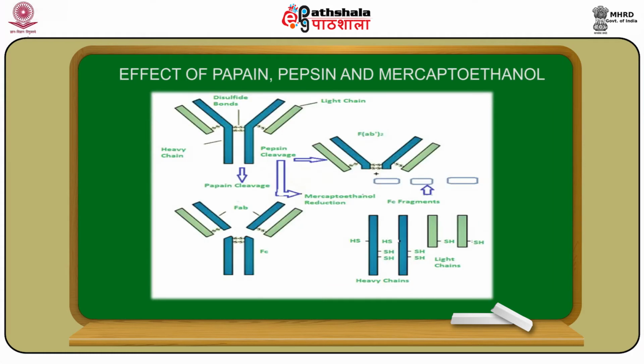R. Porter treated the antibody with pepsin and papain and got Fab and Fc, or two Fab fragments. Edelman treated the antibody with mercaptoethanol and got four fragments, two of small size called light chains and the other two called heavy chains. The Y-shaped structure was thus deduced.